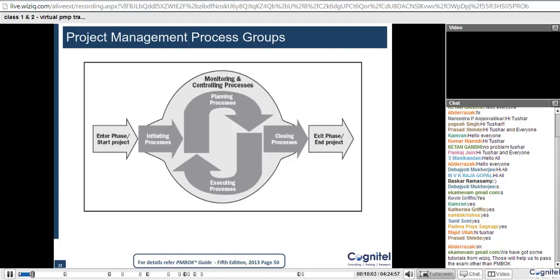Reading PMBOK is very, very important, but at the same time, if you go through these presentations or the study material that you have got, it would help you to understand it in a better way and in a more compact manner. Rather than remembering each and every line from the PMBOK, you can focus on the important parts from the exam perspective, which would be highlighted in the tutorial.